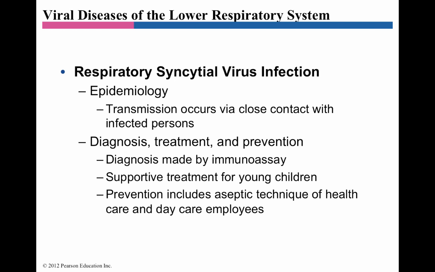RSV is prevalent in the U.S., and studies reveal that about 98% of children in daycare are infected by age 3. About 125,000 of these require hospitalization each year, and about 2,000 die. And then additionally, RSV kills about 14,000 elderly patients each year because older or immunocompromised patients are also at risk.